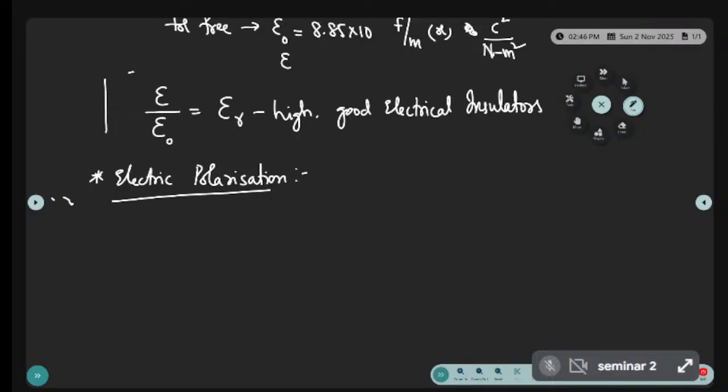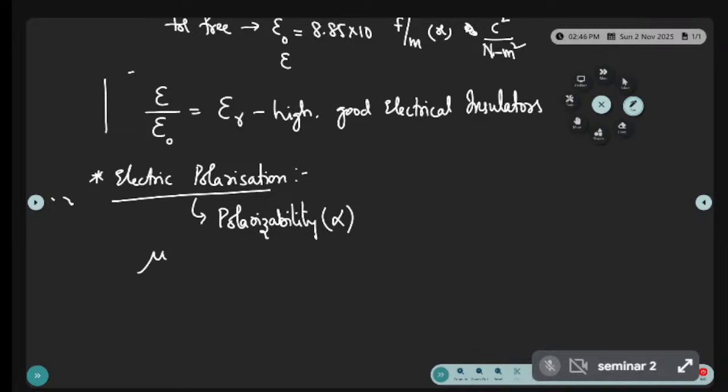Now, from polarization, we define polarizability. Polarizability is alpha. What is polarizability? Previously, we studied about mu. What is mu?